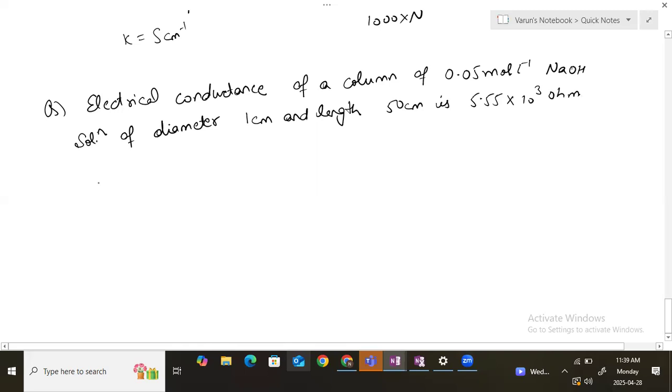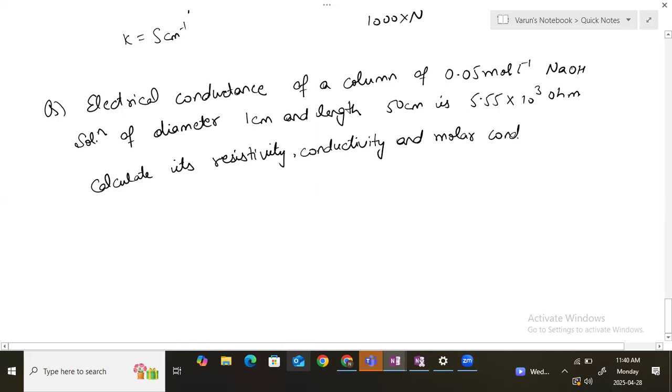You have to calculate the resistivity, conductivity, and molar conductivity. Just do it.